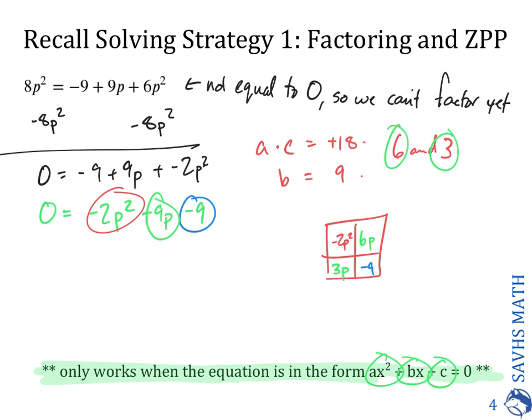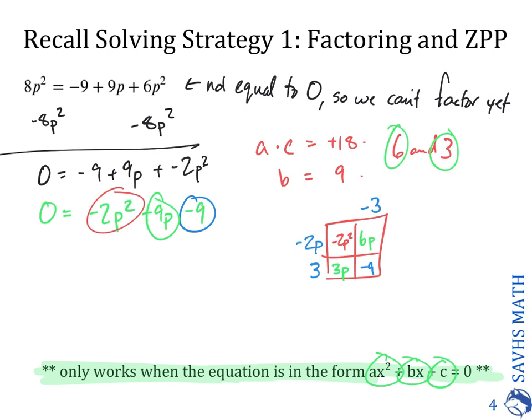Okay, what is common between these two terms? Well, let's use a 3 here. 3 goes into 3p and negative 9. But I have a negative 9, so this has to be a negative 3 here. If that's negative, then this has to be 2p, but it's got to be negative because otherwise I won't have a positive number here, which is important.